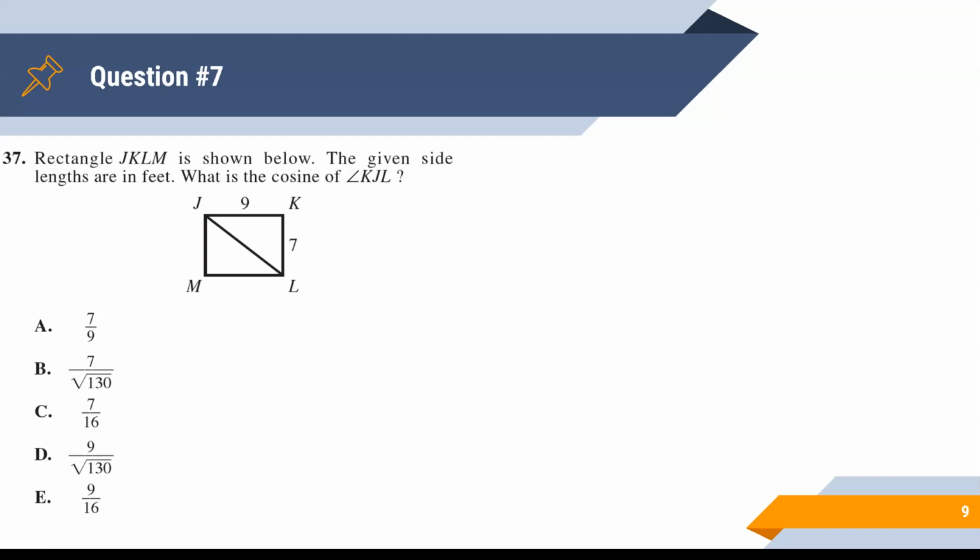Okay, question number 7. First thing we need to remember is SOHCAHTOA. And we're dealing with this triangle here, so I'm going to draw that up a little bit larger.